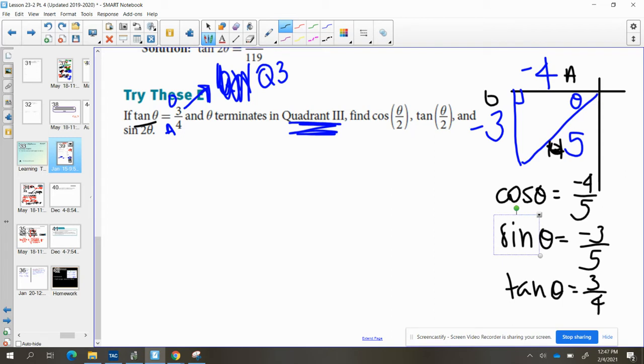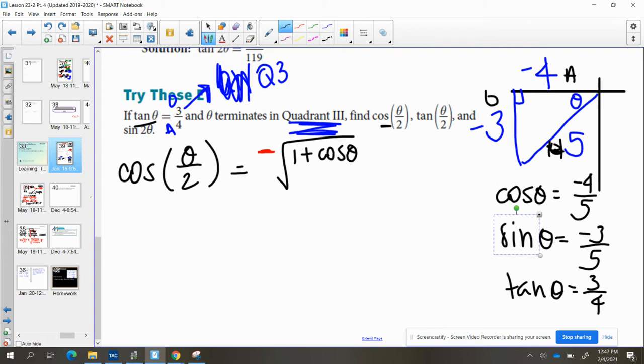Again, because this is a value in the third quadrant, when we look for the cosine of our half angle, we know that this is going to be negative out front because cosine is negative in quadrant 3. So 1 plus the cosine of theta, divided by 2, means that we're substituting in for cosine of theta the negative 4 over 5 that we found over here.